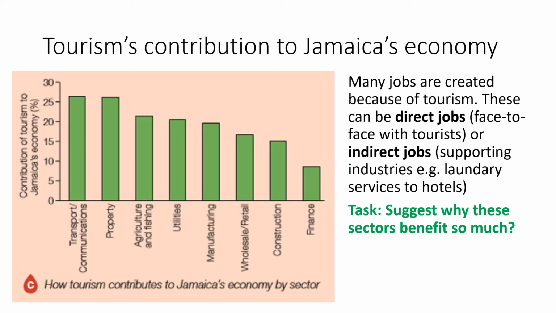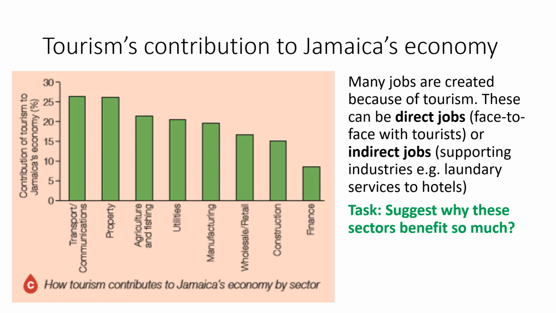It covers all these sectors, so it contributes over 25% of the economy in terms of transport and communications, property, all the hotels that get built, which links into construction, which is the construction work of hotels, restaurants, new roads, airports, etc. You've got agriculture and fishing, which links to providing extra food for all the tourists.